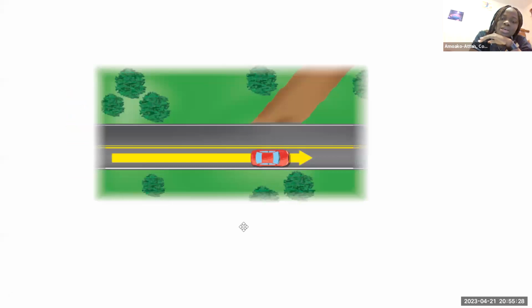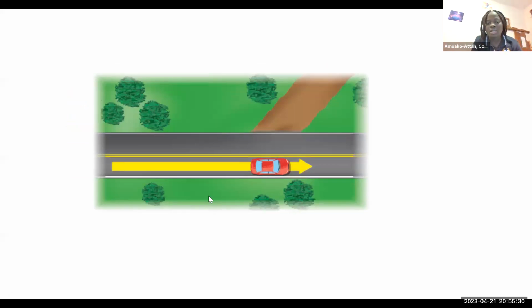All right, so now let's look at this vehicle. So let's assume this vehicle is going home. It has a normal route that it passes to get home. Now we have another way up here, but that is not the normal route. It always passes through this route to get home. All right.